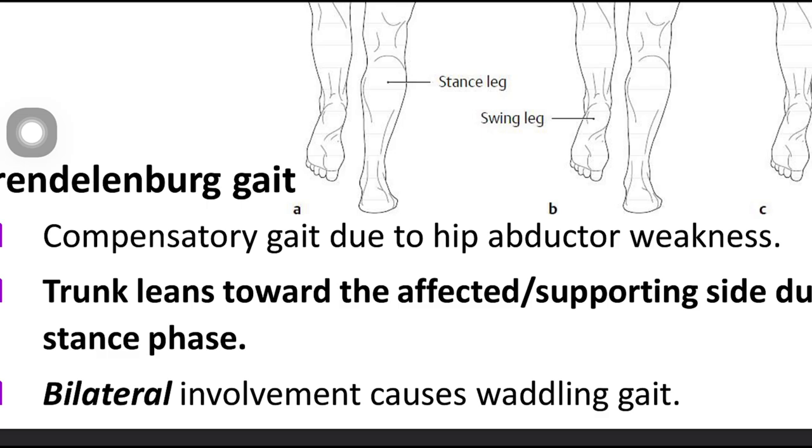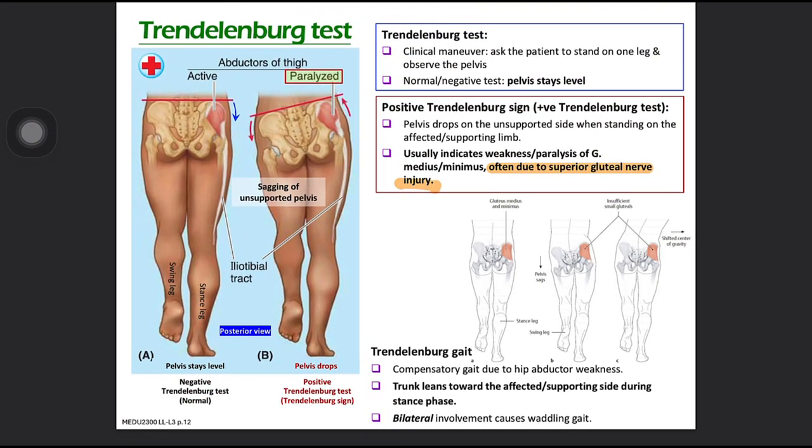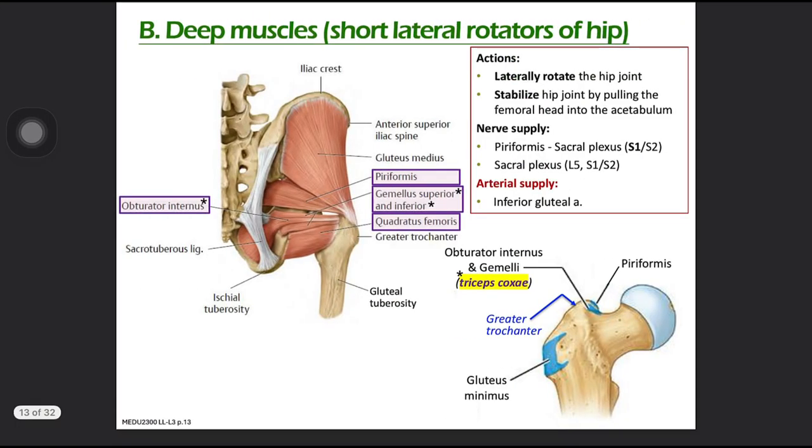Okay, in this case, bilateral involvement will cause a waddling gait. I will upload the video to Blackboard. I just can't find it this morning.